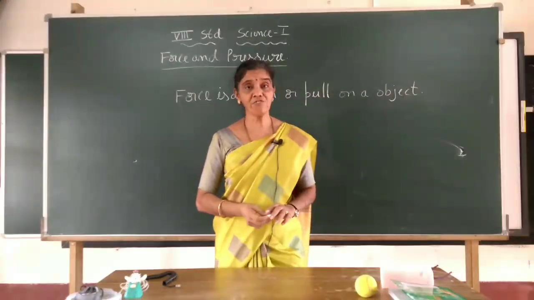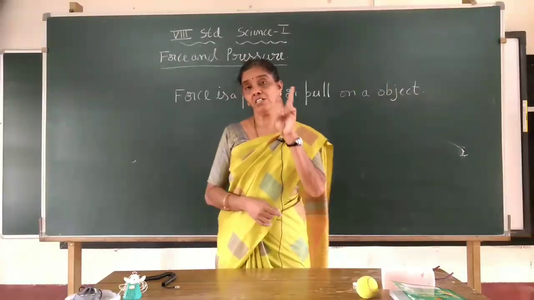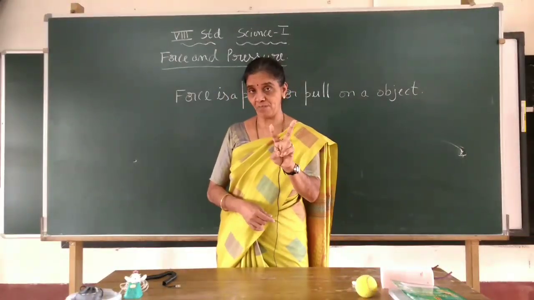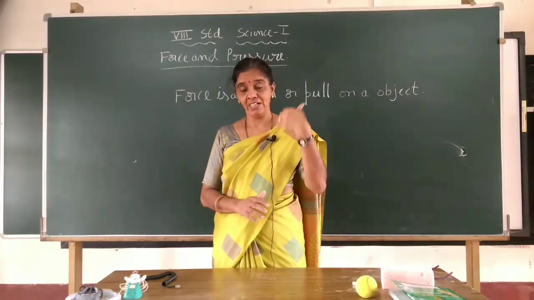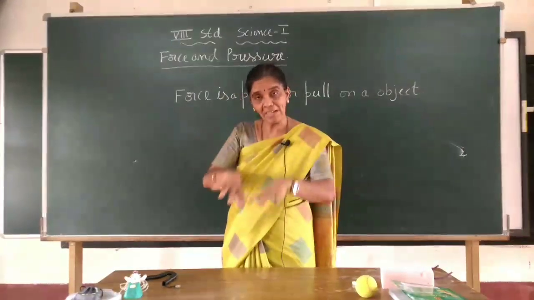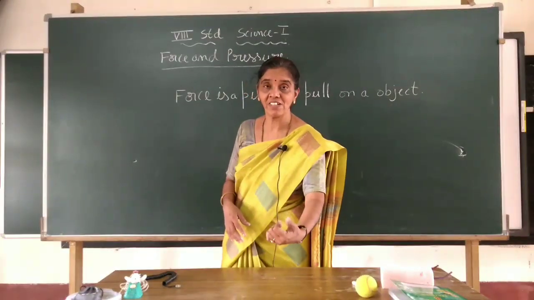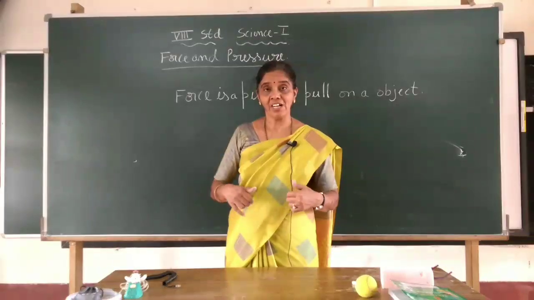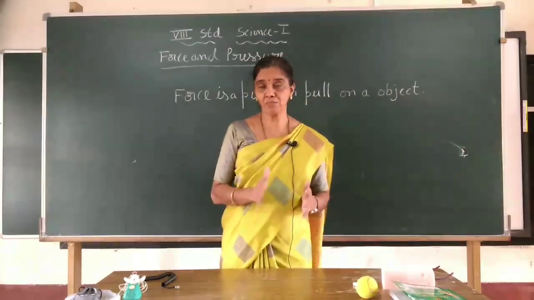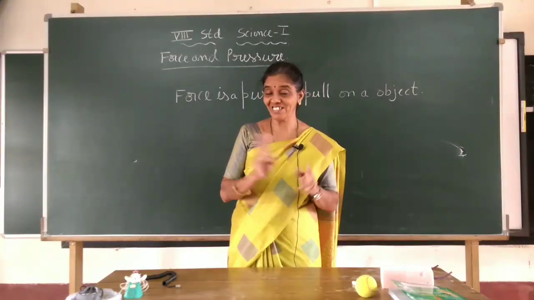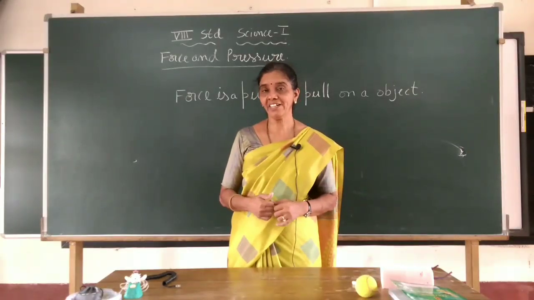And when you apply the force, interaction takes place between two objects. The first object will exert the force on the second object. The second object will get that force and the result you will see is movement, or the moving object may stop, etc. So it is interaction between two objects, right?